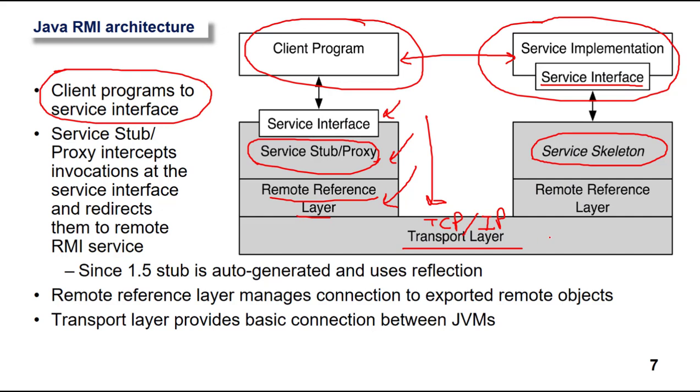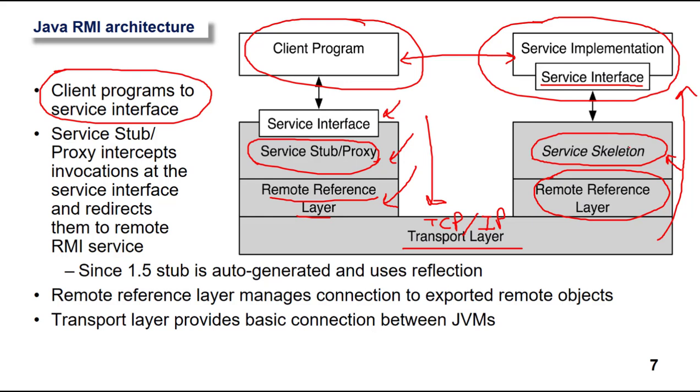The message goes through the transport layer, and then it goes up through the layers of the service program. The remote reference layer on the server side inspects the message that has just been received, and sees where it's coming from, so that it knows in future how to reply to it. Then it sends it to the skeleton layer, and the skeleton layer is doing the reverse of what the stub is doing.